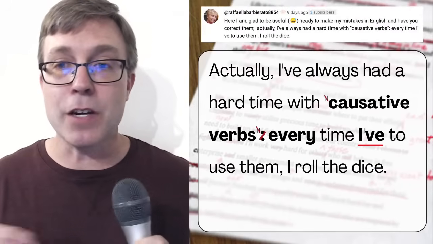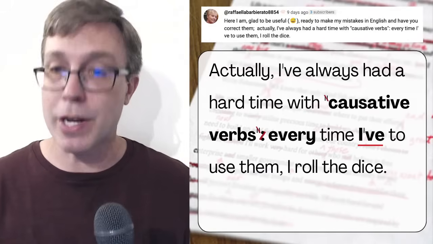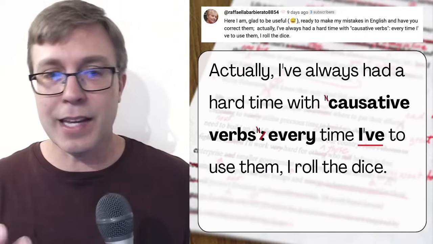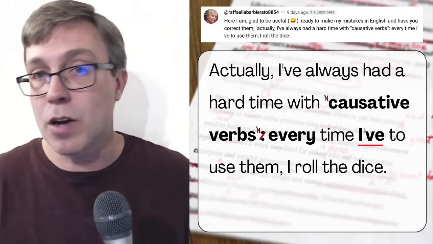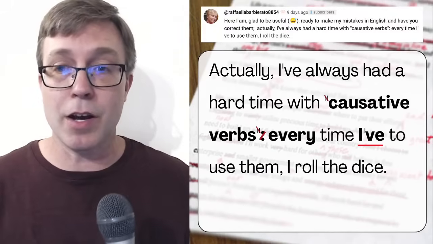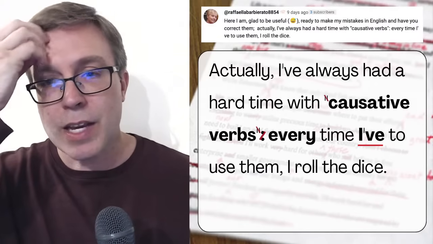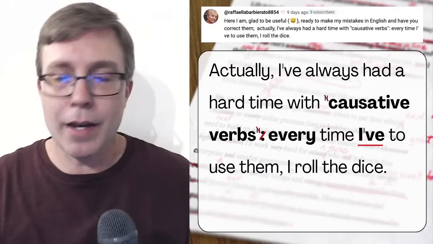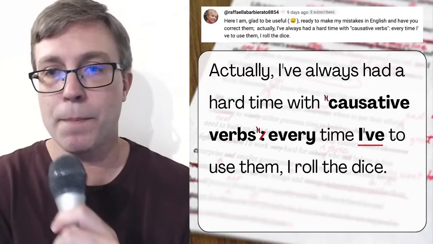Once again, I've gone ahead and just made some minor corrections with some of the punctuation there, because in this case, you don't really need quotation marks around causative verbs. You could just say, I've had a hard time with causative verbs. And the other thing, instead of using a colon, you'll see on the next slide, but I'm just going to use a full stop or a period.